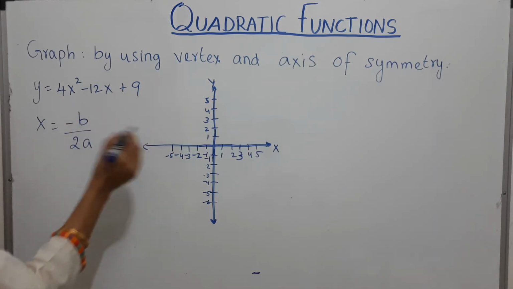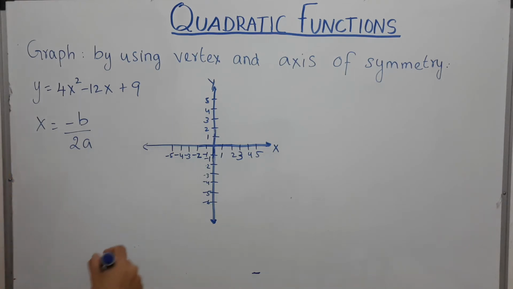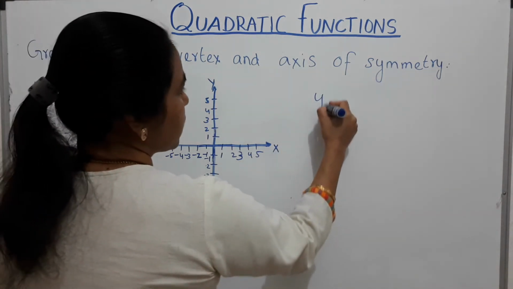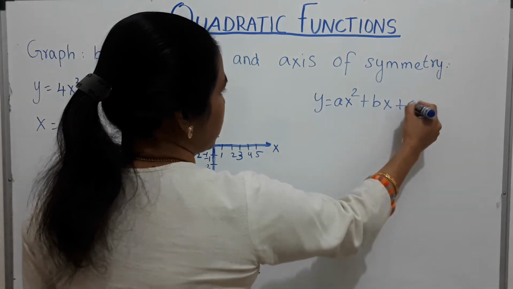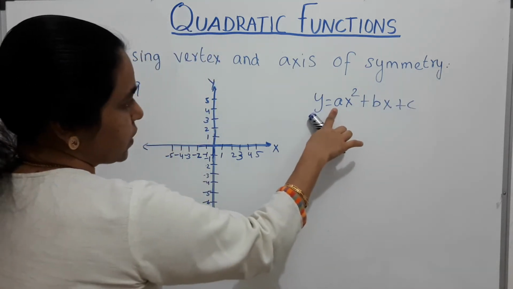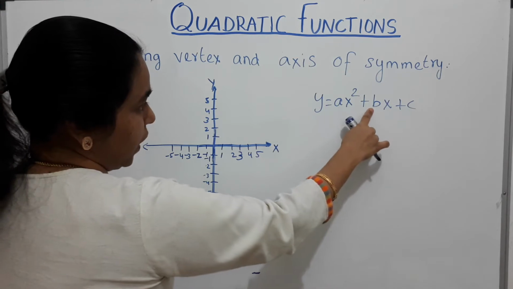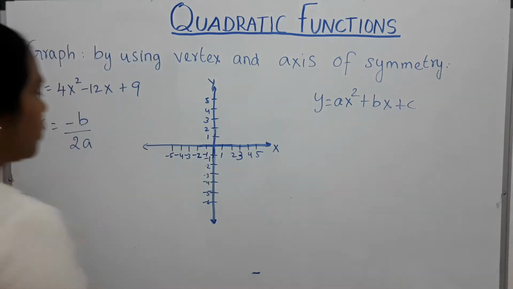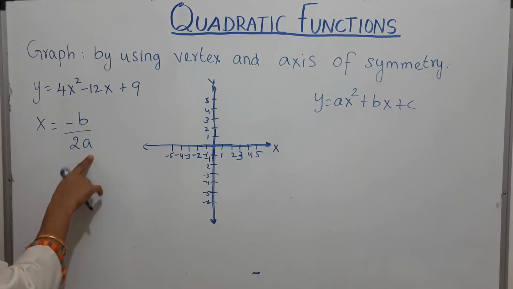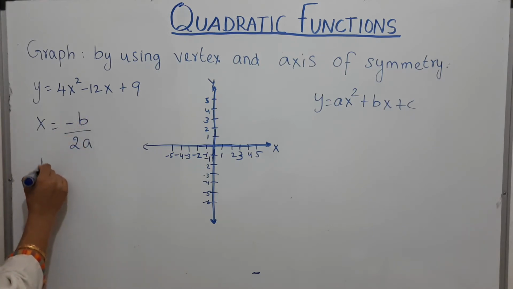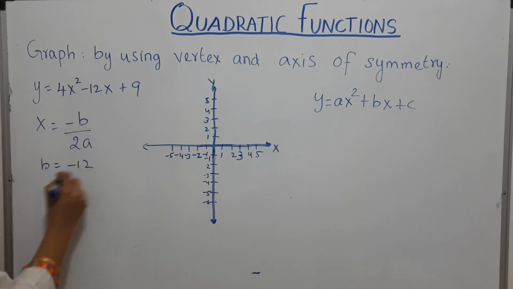Okay, so let us write the standard form of this quadratic function. y is equal to ax squared plus bx plus c. So the coefficient of x squared is a, coefficient of x is b, and the constant term is c. So in this case, x is equal to minus b over 2a means the value of b is negative 12 and a is 4.